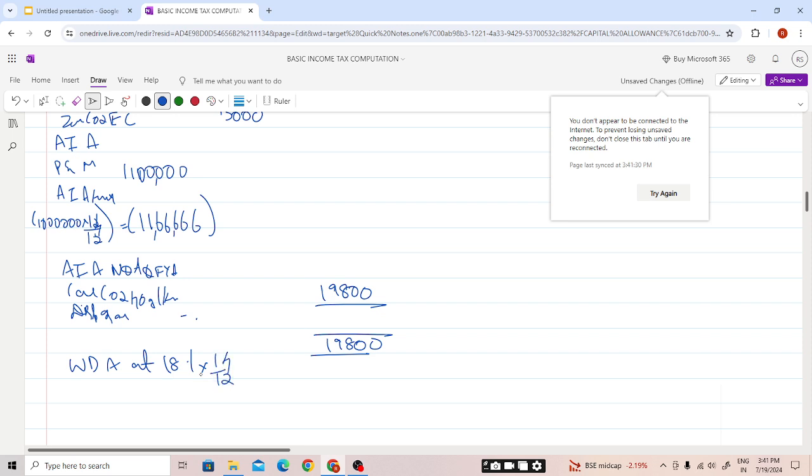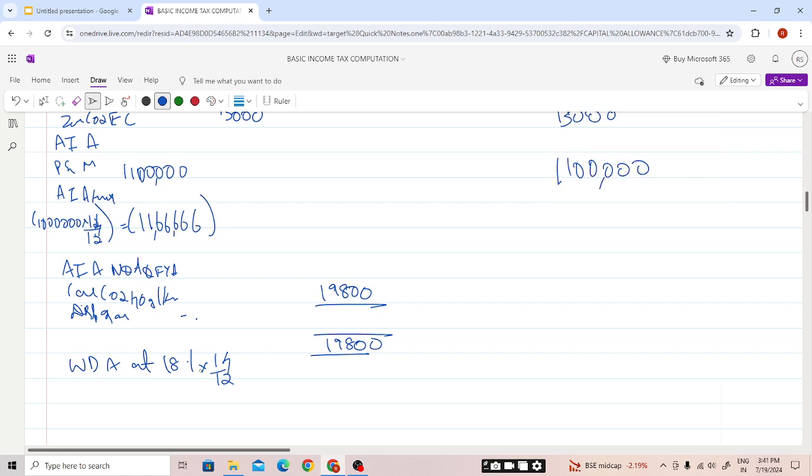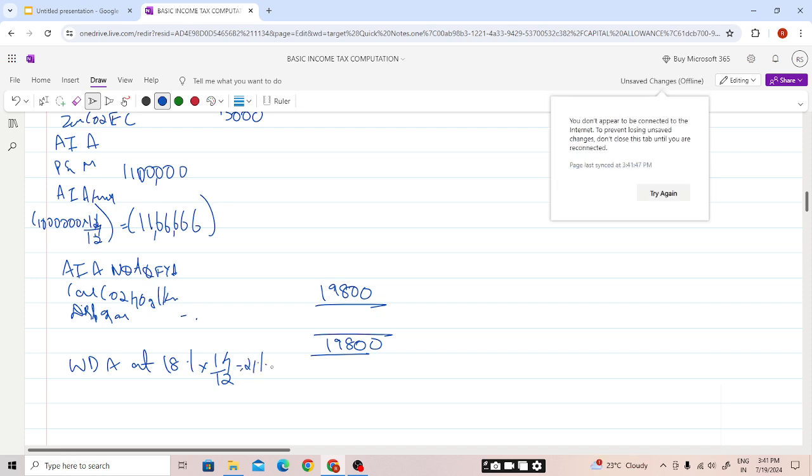So 18% into 14 divided by 12 will be 21%. So 19,800 into 21% will be 4,158 WDA. This will fall under the allowance column, so that we can claim the total allowance. Now tax written down value carry forward will be, students, 19,800 minus 4,158, which is 15,642. I hope this is clear.